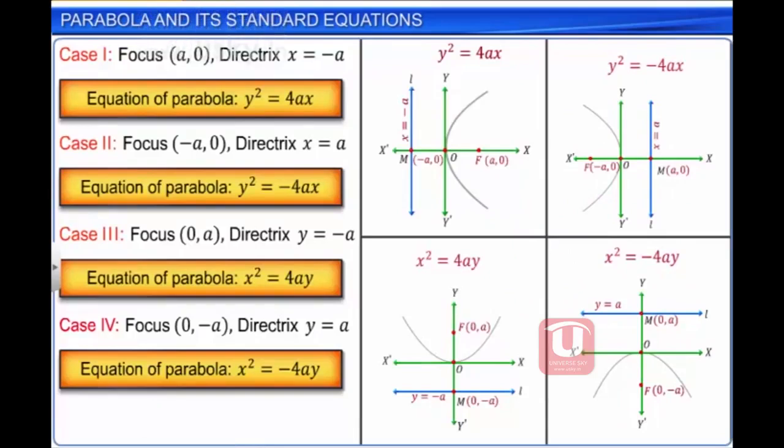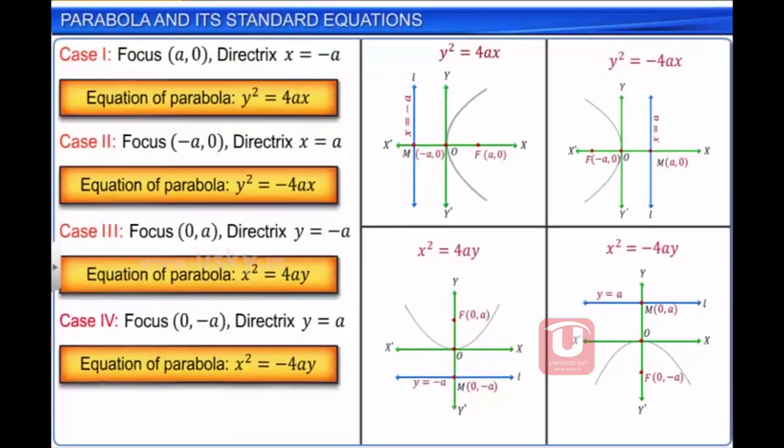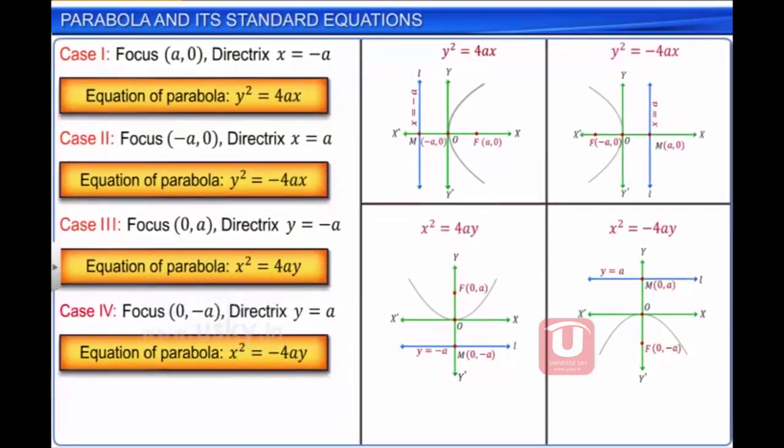Here, we can make some interesting observations. Note that if the equation of the parabola has the term y square, then its axis of symmetry lies along the x-axis. If the equation of the parabola has the term x square, then its axis of symmetry lies along the y-axis.